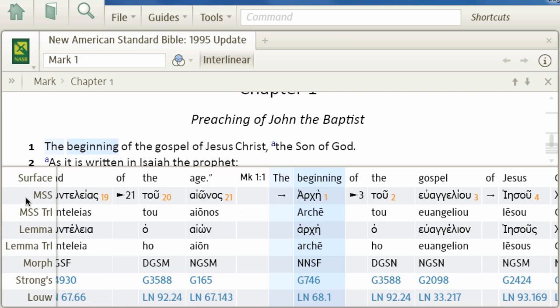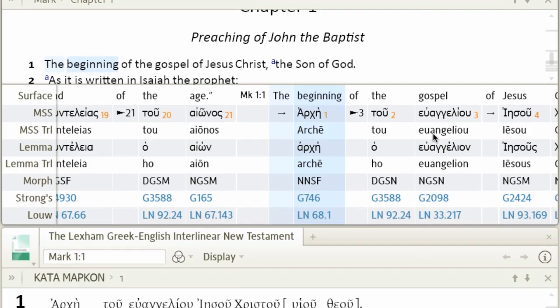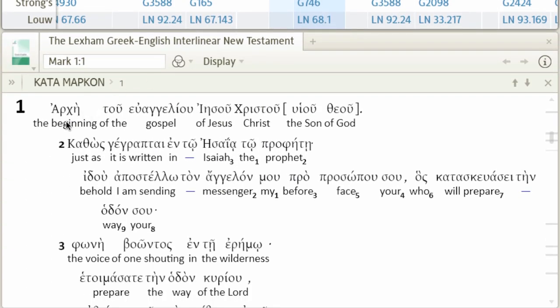Next, the manuscript surface line refers to the text of the original language, which in this instance is Greek. Now if we were in the Old Testament, it would be Hebrew. But you'll notice that this line here, arche tu euangeliou, matches this line down here in our Greek Bible, arche tu euangeliou.